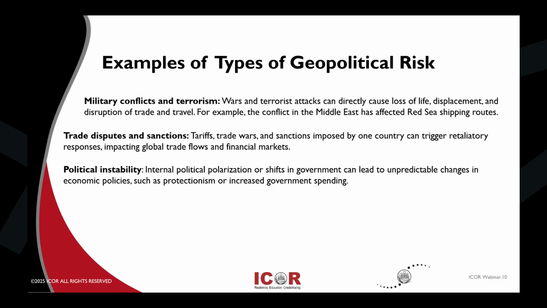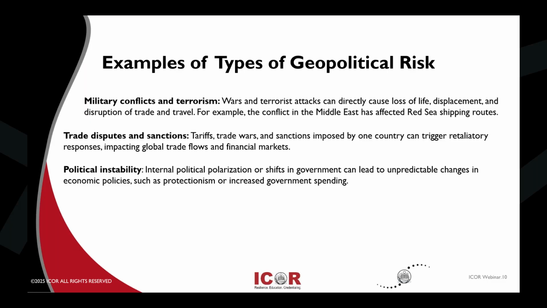This does, when you also have political instability, where you're seeing internal political polarization, which is very evident, not just in the United States, but many countries around the world, where you're seeing people, I'll use the terms left and right, or liberal or conservative, whatever terms you want to use in your country, we are seeing that polarization happening around the world.